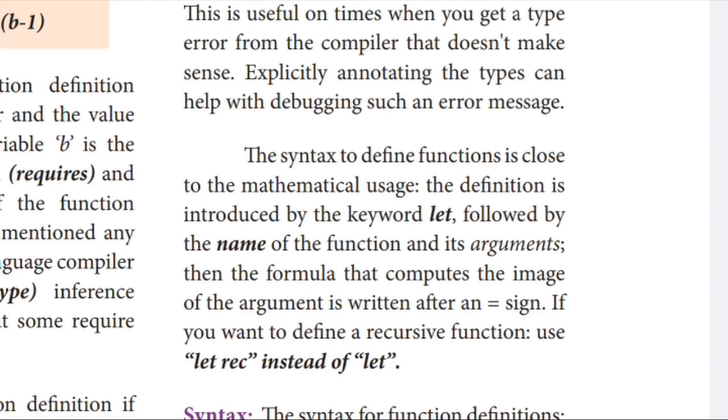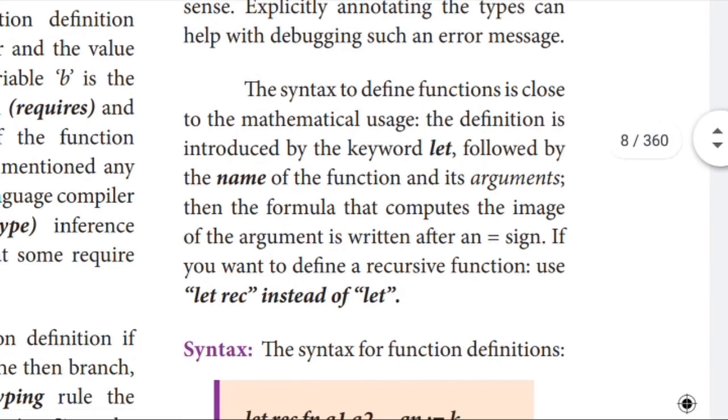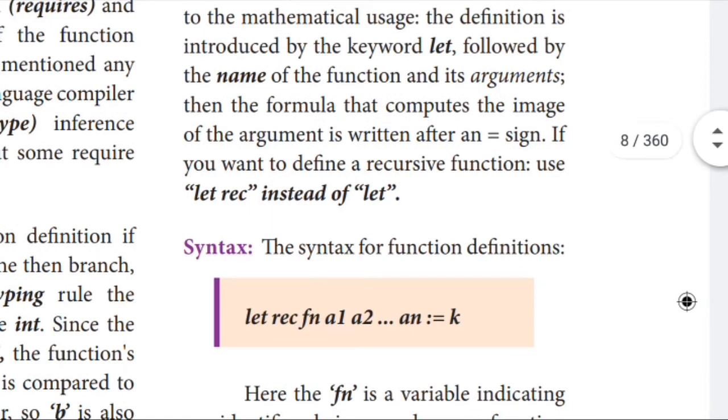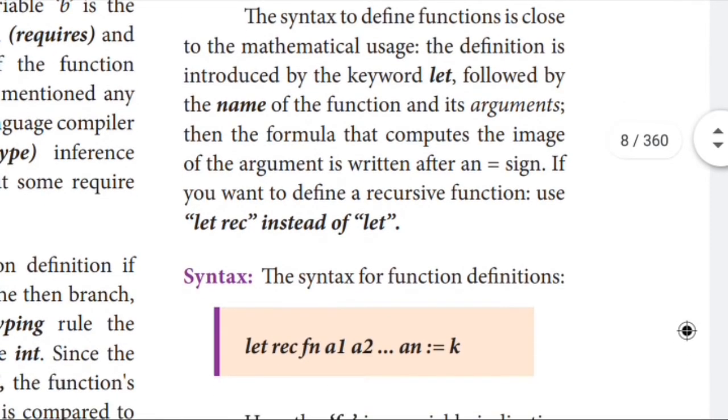So the function definition will be introduced by the keyword let, followed by the name of the function and its arguments. So let is a keyword, it has to be mentioned first, and the next word we have to mention is the function name. Then the formula that computes the image of the argument is written after an equal to sign.